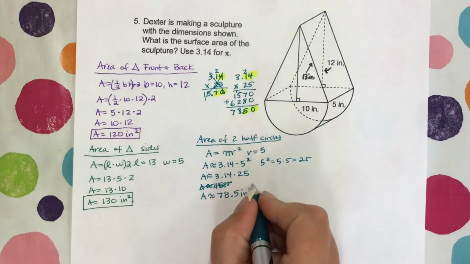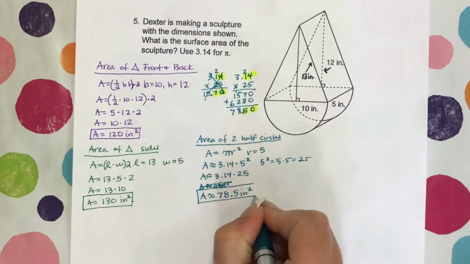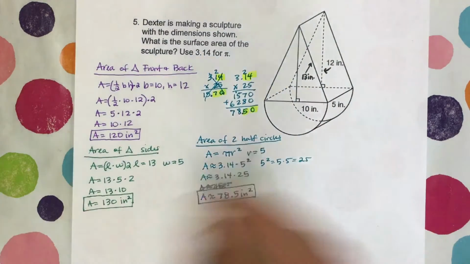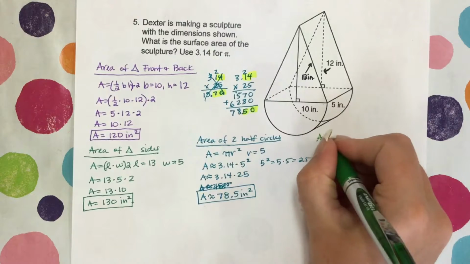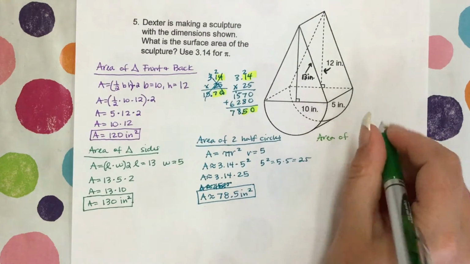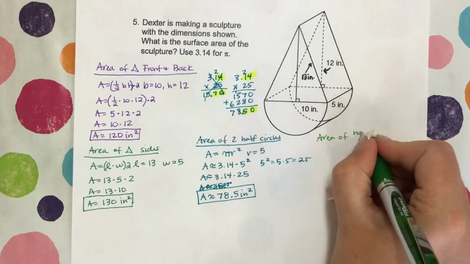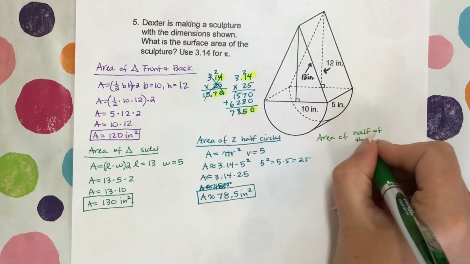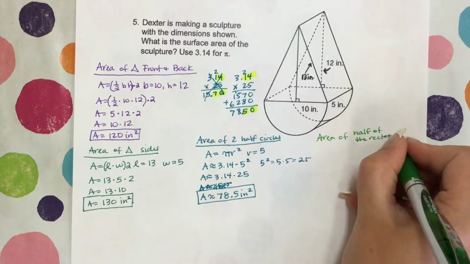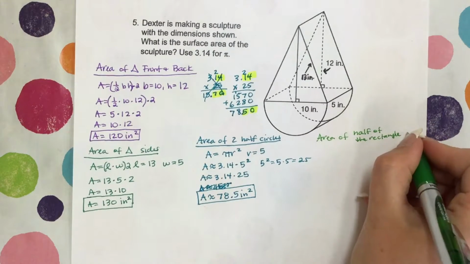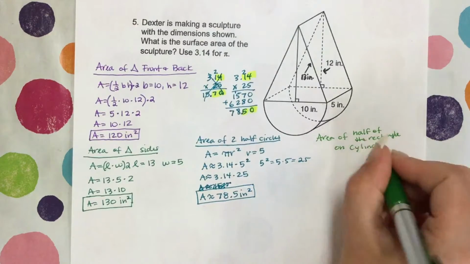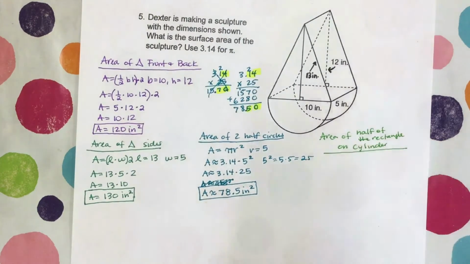Now we just need to find the area of the rectangle portion of this, and it's only going to be half of that, right? So it's going to be area of half of the rectangle on the cylinder. That's like a lot to say. Okay. All right.